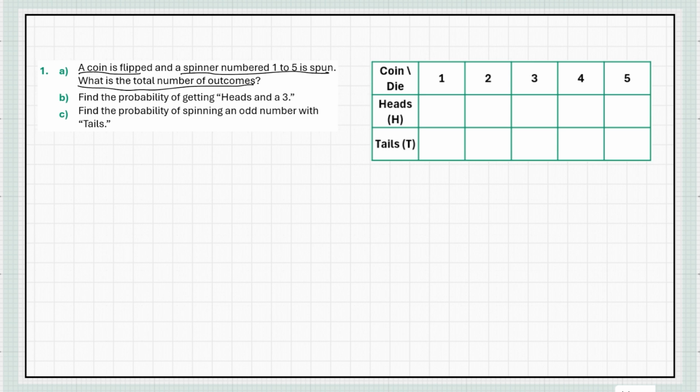Well, first I'm going to fill out our sample space. Now, we've got coin and we've got die here, but just remember that this is a spinner. So we have heads and a 1, heads and a 2, heads and a 3, heads and a 4, and heads and a 5. And then the exact same thing for tails.